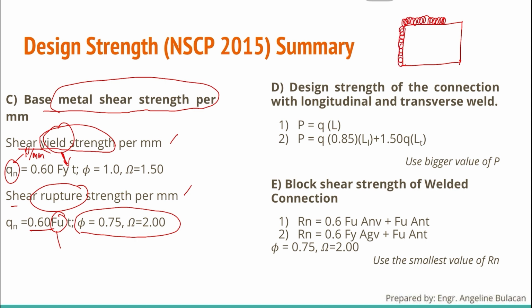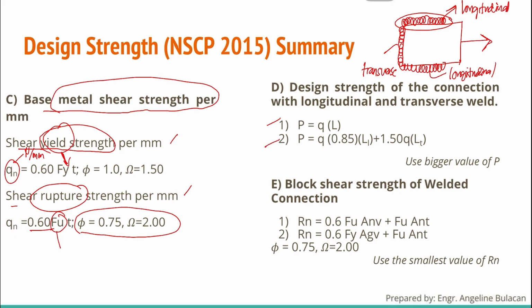From our previous discussion, this is considered as the longitudinal weld or longitudinal length, especially when subjected to tensile force. This one is the transverse weld. This one is the same as the longitudinal. So, you also check two.